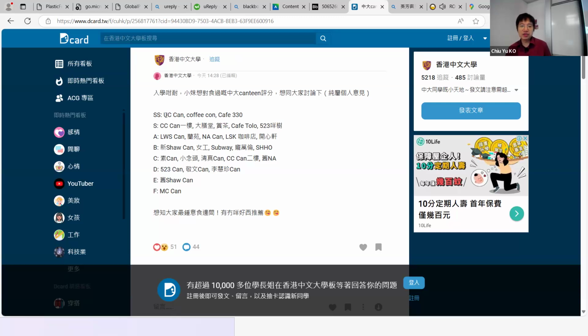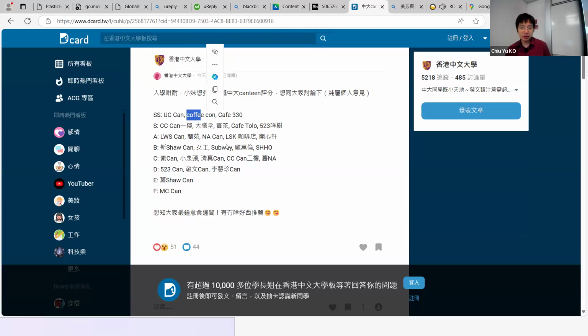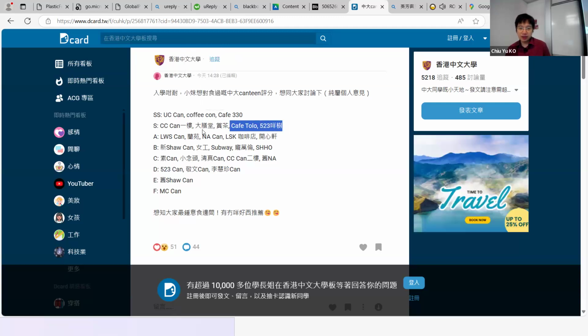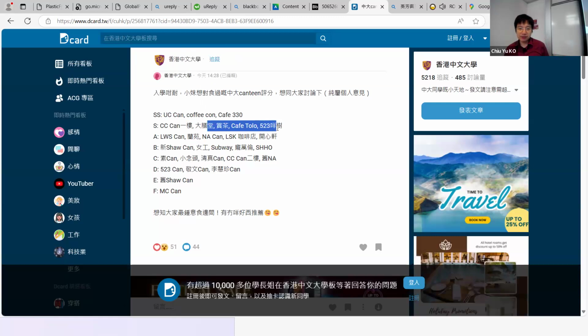They said this is a UC canteen, coffee corner, and cafe 330. And the Chongqi canteen is there. There's a list of canteens. I don't know if you agree or not, but something you can take a look at when you try.